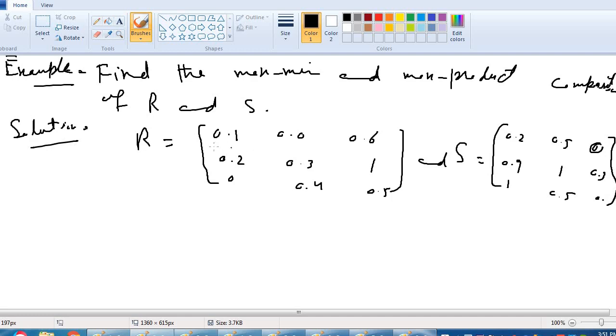Here we see that R has these 9 values. For example, we can say that here we get x1, x2, x3, and here we have y1, y2, y3, and here again we have some values s1, s2, s3, and here we have the numbers r1, r2, r3.